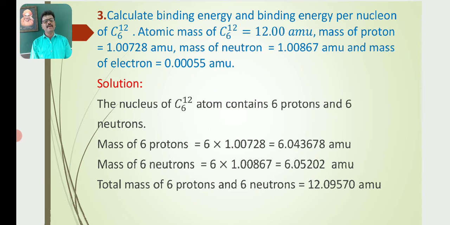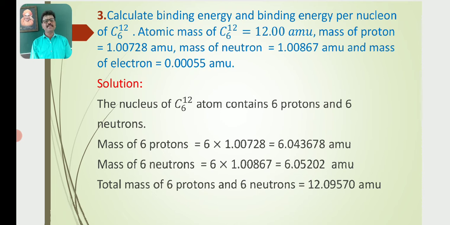Now let us discuss the solution of the given problem. The nucleus of a carbon-12 atom contains 6 protons and 6 neutrons. Here the carbon-12 atom consists of 6 protons and 6 neutrons in the carbon-12 nucleus.